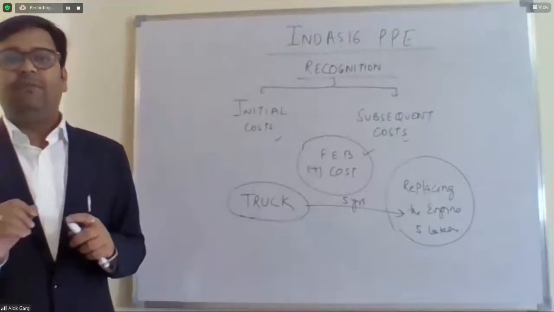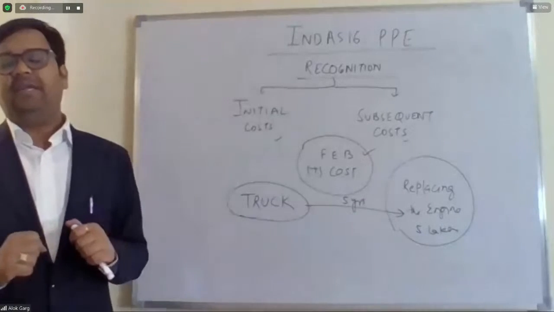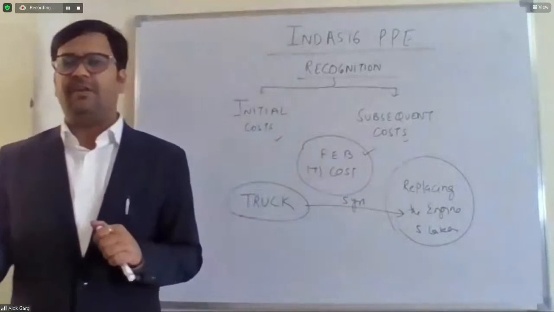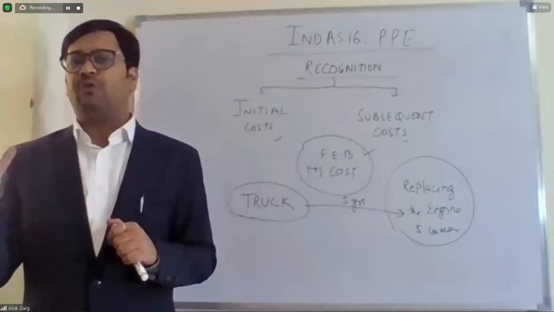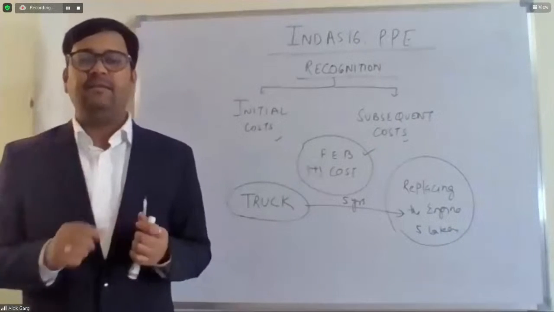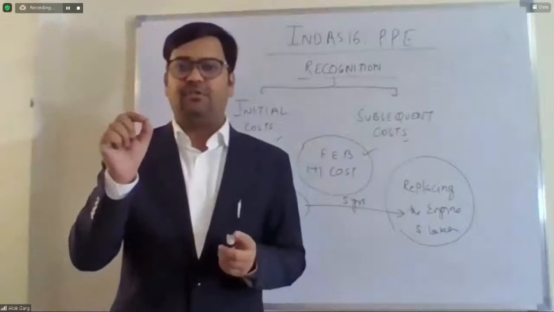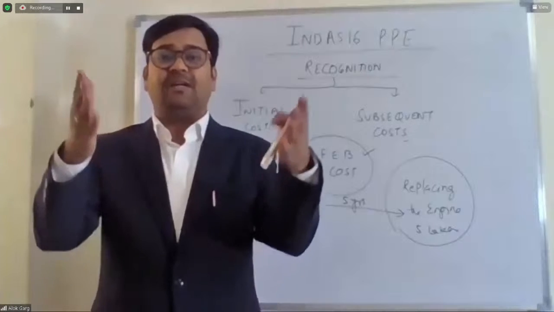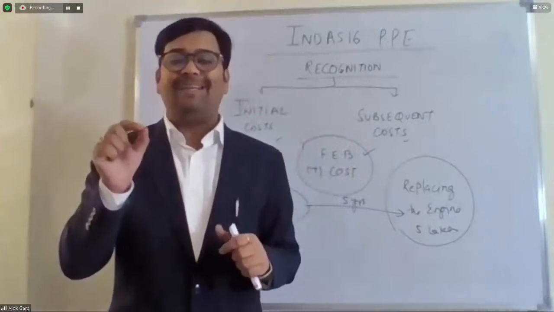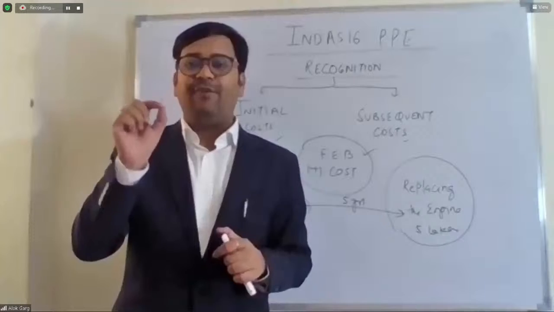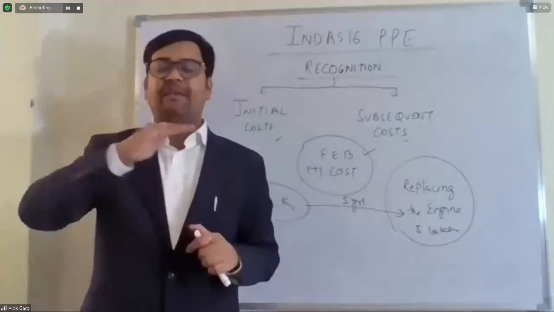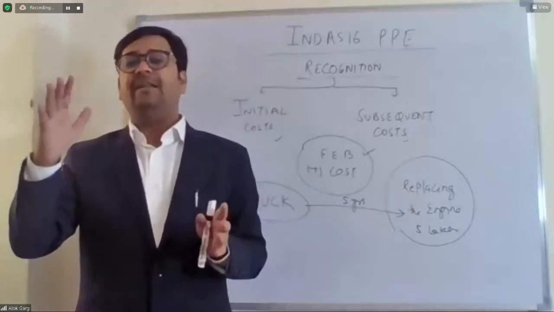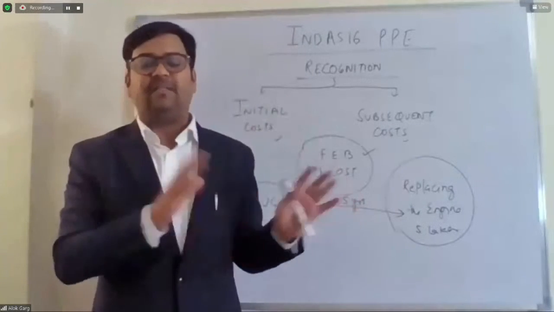When we were reading accounting standard AS 10 three years back, under the standard before 2016, it says that if you are expensing any cost on a particular asset, and if it is increasing or enhancing the existing capacity of the asset, then that expense is required to be capitalized, otherwise not.